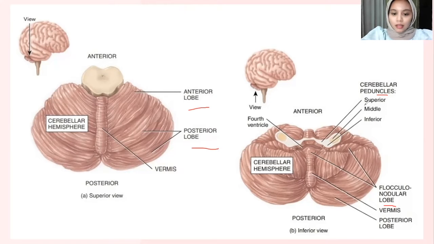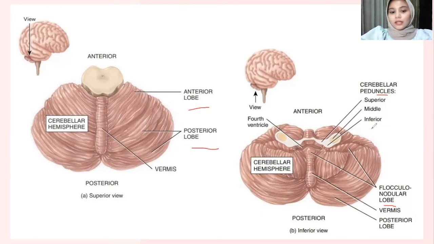And the middle cerebellar peduncles are the larger peduncles, and their axons carry impulses for voluntary movement from the pons nuclei, which receive input from motor areas of the cerebral cortex, into the cerebellum.